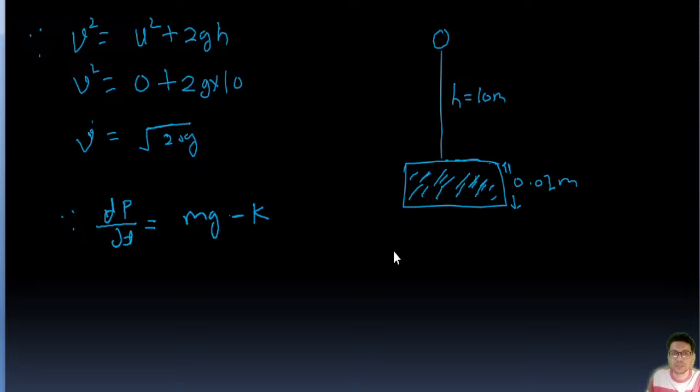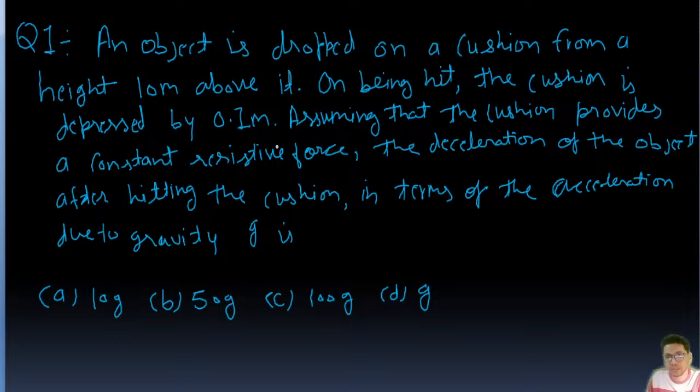So this equation of motion we are going to use, and because of the resistive force k, which is constant, which is given right here, assuming that the cushion provides a constant resistive force.